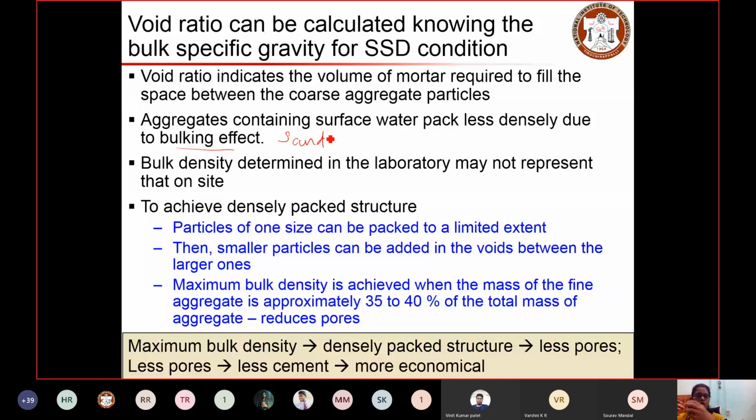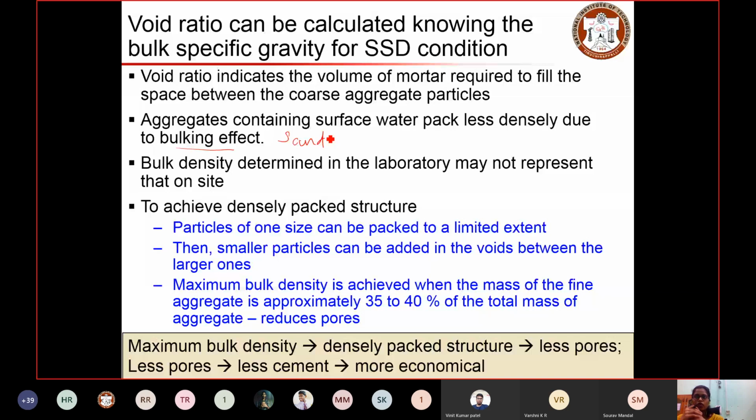We can fill those voids using smaller particles between the larger ones. When we do that, we increase the packing so that the bulk density increases. For the same volume, we can place more aggregates of different sizes so that voids are reduced. That will lead to maximum bulk density conditions.